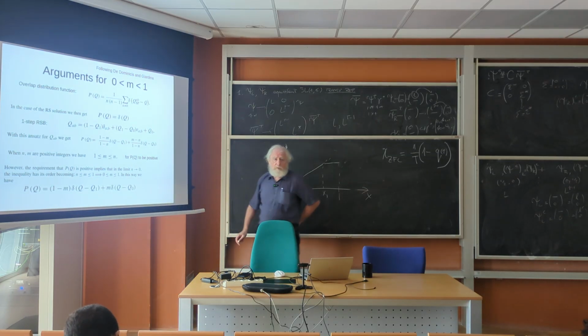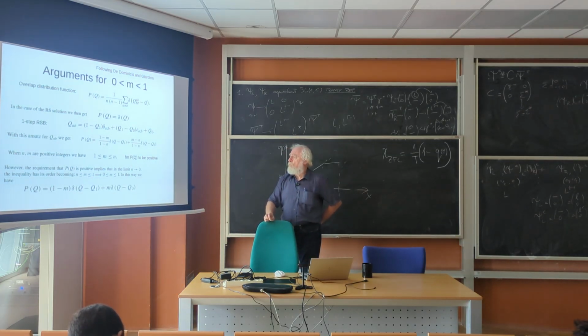So m is between 0 and 1. Also, let me mention what is the meaning of this one-step replica symmetry breaking. It means that the overlap between any two states could be equal either to Q0 or to Q1. The largest of them, Q1, is just the self-overlap.